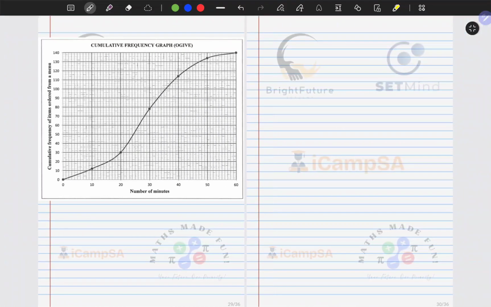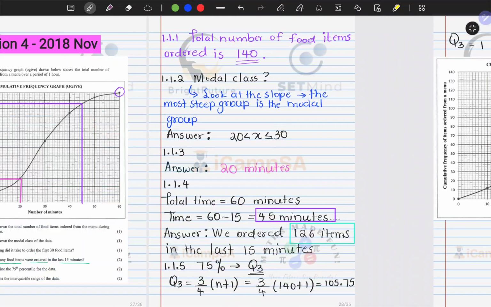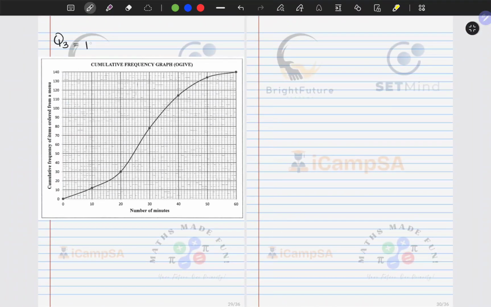So now what we need to do is go and read this, because Q3 is 105.75.